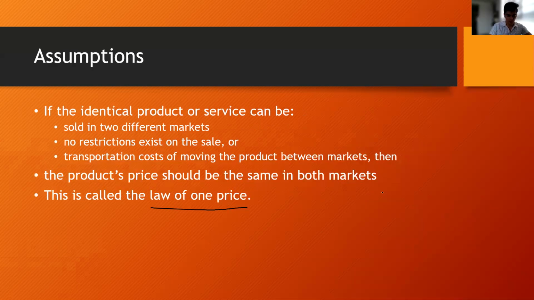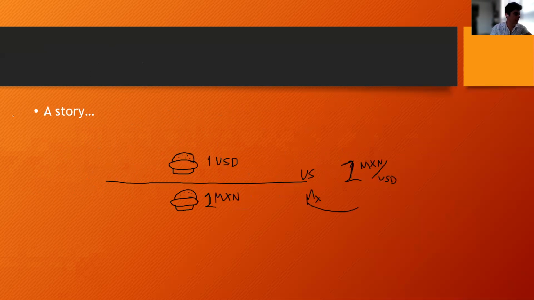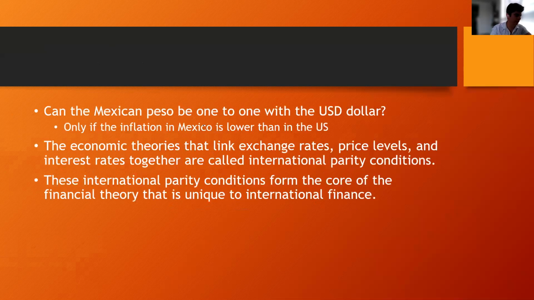Finally, there are three very important things that you need to understand, three assumptions from this theory, because every theory has its assumptions, right? So the first assumption is that the same product is being sold in two markets. That's why I said it's the same burger, it tastes the same, it's the same size, everything.